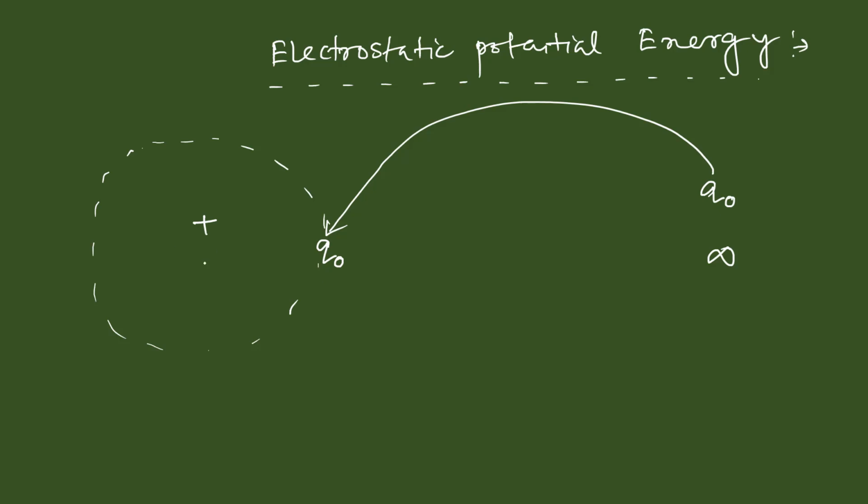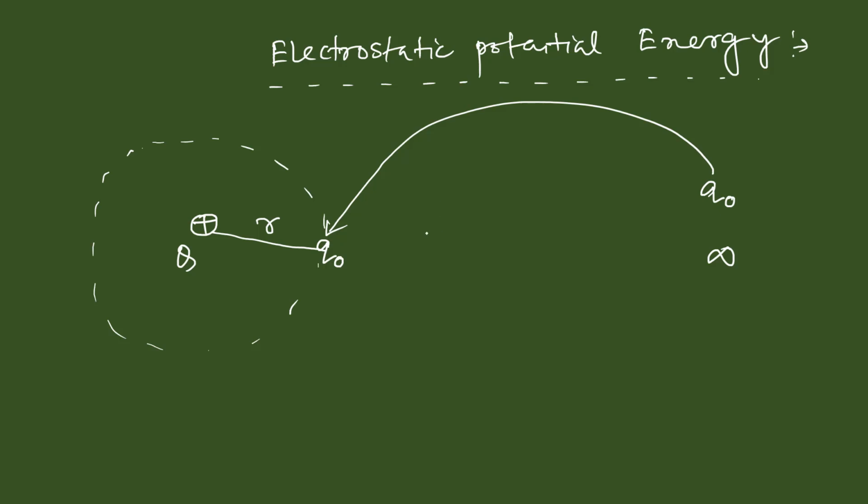Now the test charge is placed at the boundary of the electric field. There is a distance between the charge due to which the electric field exists and the test charge. The charge that I have placed here, which is positive in nature, let me define it as capital Q, and the distance between the two charges is equal to R. Whenever any charge is brought into the electric field, with respect to that point it should have some electric potential.